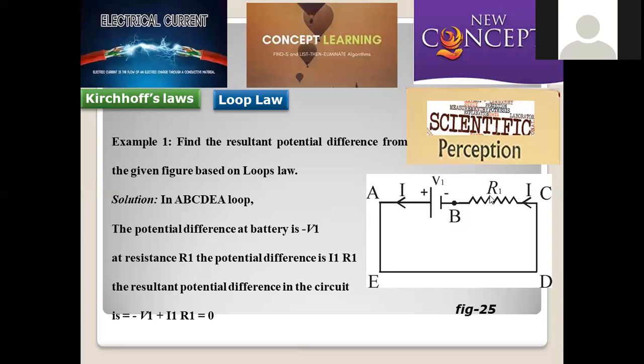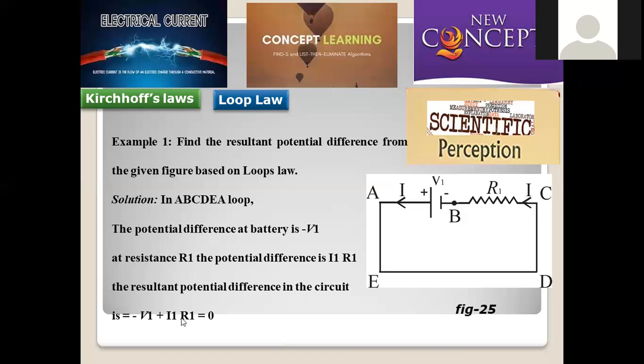Now the resistance is assigned as R1, and the potential difference is equal to I1 R1. The resultant potential difference in the circuit means the algebraic sum of all the potential differences, taken as minus V1 plus I1 R1, because we have to consider the potential difference of the battery and the potential difference of the resistor too.